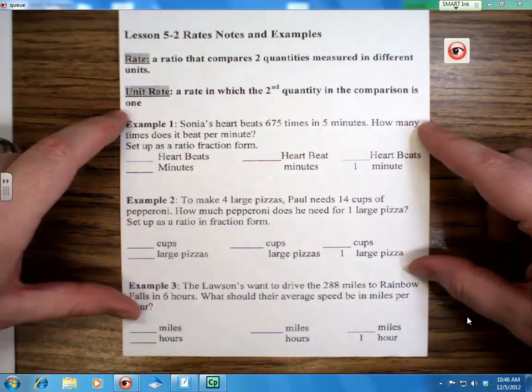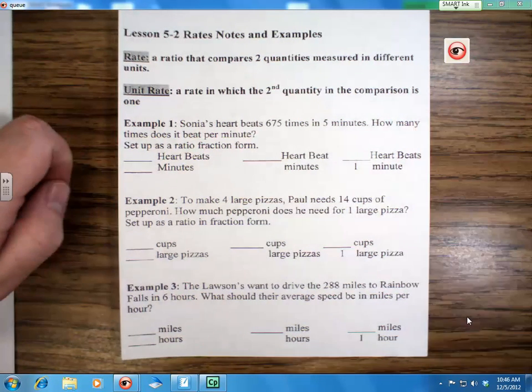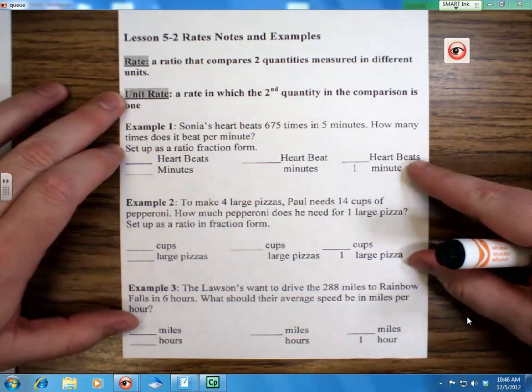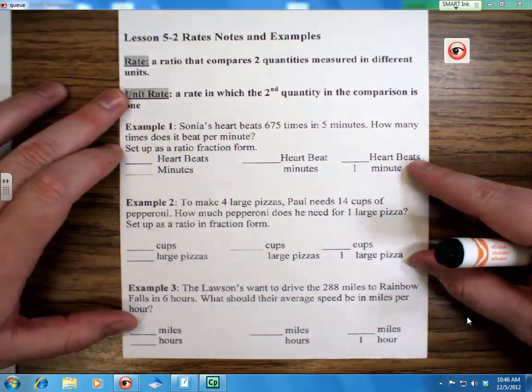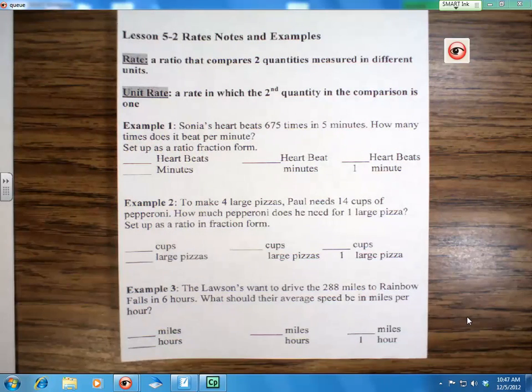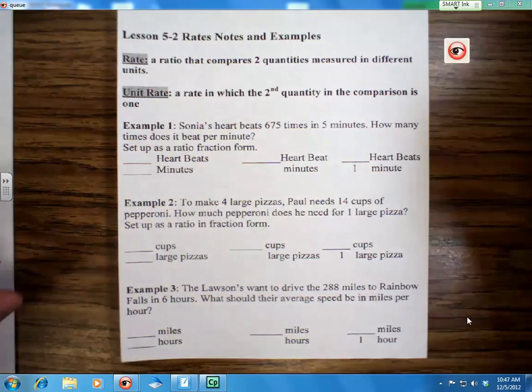Let's take a look at our first example here. Example 1 says Sonia's heart beats 675 times in 5 minutes. How many times does it beat per minute? So the question is asking us how many times does it beat per minute.